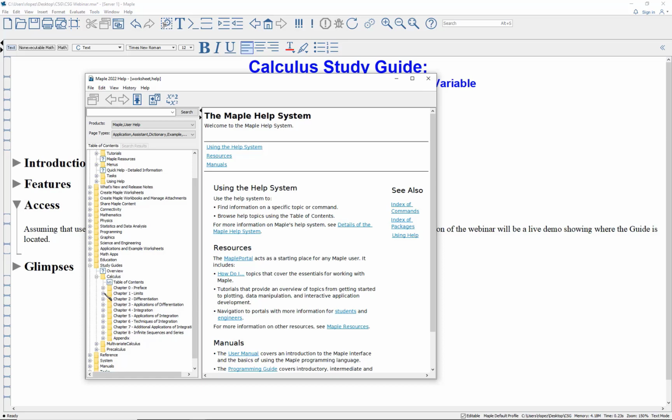And you can rummage through here, seeing the sections and the examples, or you can bring up this table of contents, which will open in either a new window or a new tab, depending on how you have your Maple set up, and work from there. So let's do that. Let's bring up the table of contents.